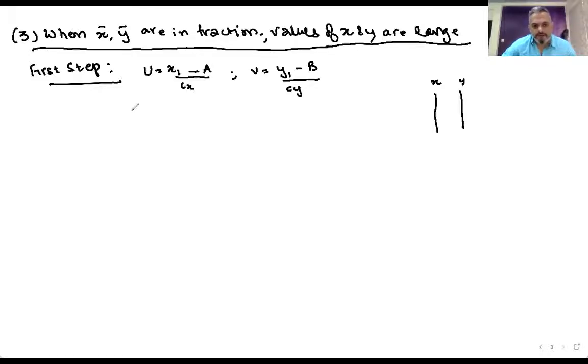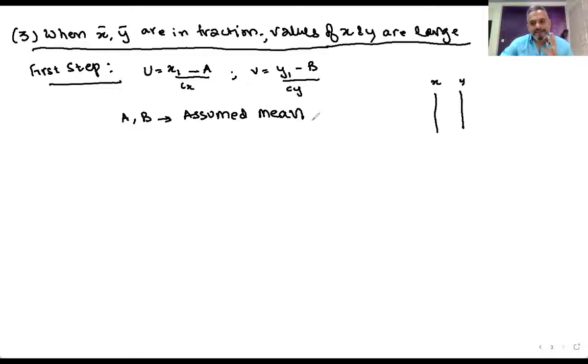Now, what are a and b? A and b are basically assumed means. Assumed mean means some number which we assume to be the mean. It is not actually your mean, because your mean is going to be in fraction. So some number nearer to the mean, where we are more comfortable solving using that number, say a multiple of 10.